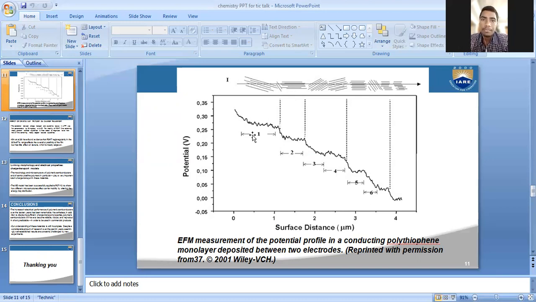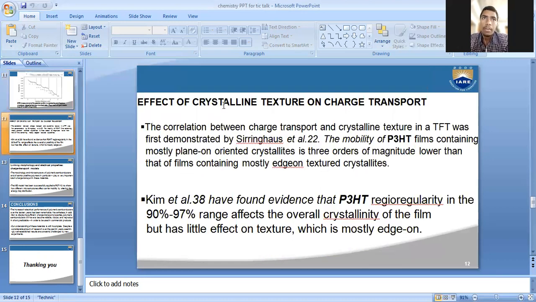Effect of crystalline structure on charge transport. The relationship between charge transport and crystalline structure in a TFT was first demonstrated by Sirringhaus in 1999. The mobility of P3HT films containing mostly planar oriented crystals is three orders of magnitude higher than that of films containing mostly hexagonal structured crystals.